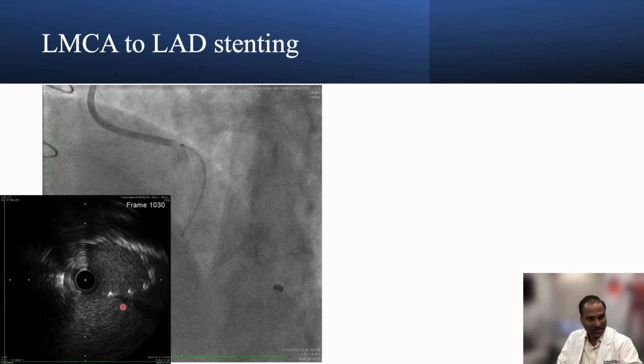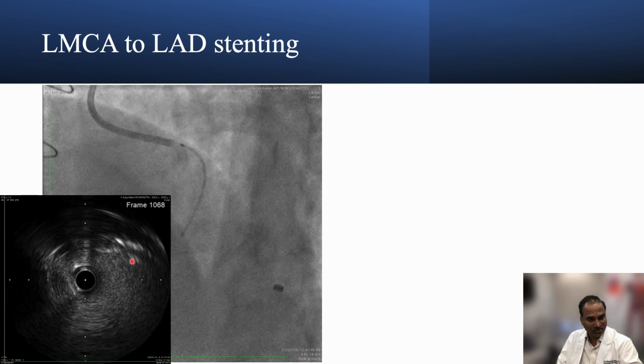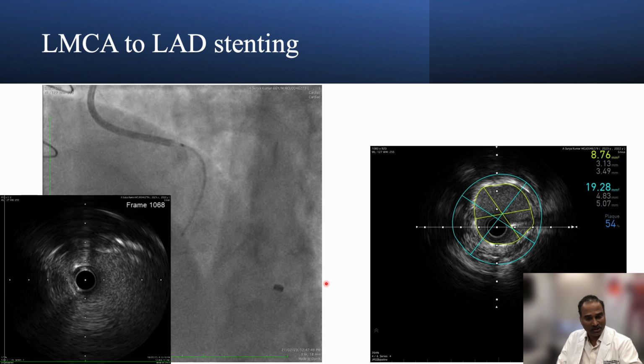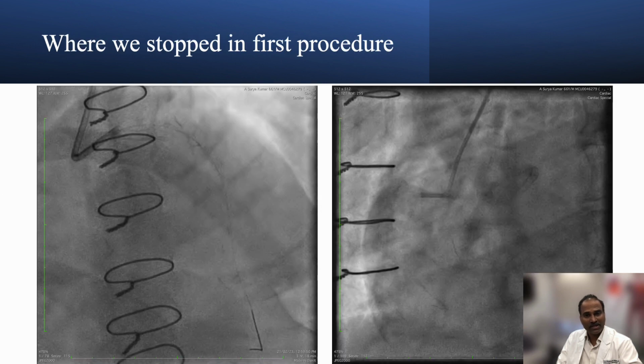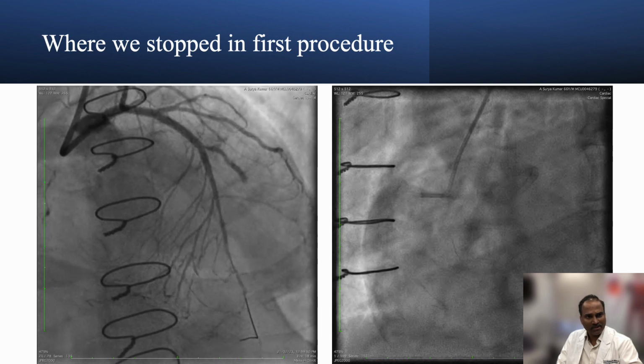So this is a stent, and you won't see 360 degrees of overhang. That is what is important to achieve. You can see here it's a circular stent inside the LMCA, now inside the LMCA, with good expansion. So this is where we stopped in the first procedure.